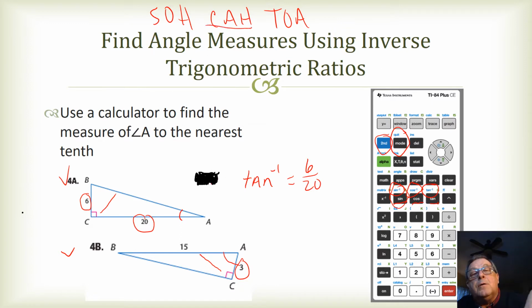Cosine. So we're going to define this as inverse cosine, when that equals 3 over 15. We're going to do the inverse tan of 6 over 20, and the inverse cosine of 3 over 15, to find our angle measures using the inverse trigonometric ratios.